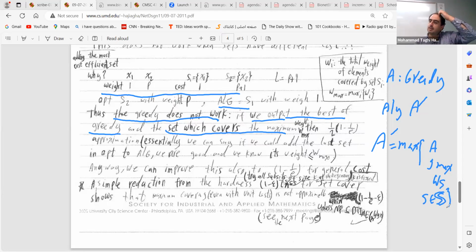What's the meaning of that? It is that you output the max. Either you will consider the greedy solution or the maximum W(S), because that's also an output solution. It's not that hard to show that this is a 1/2 approximation. 1/2 times 1 minus 1 over E.